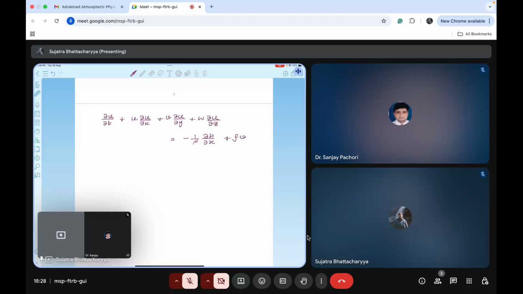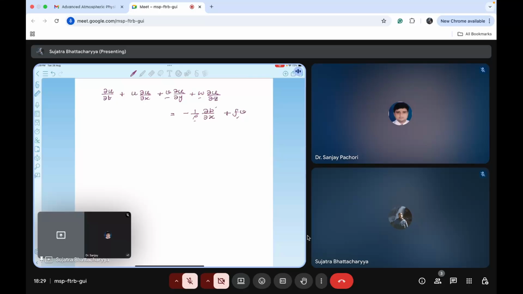This is the x direction, zonal momentum equation, where u is the zonal velocity, v is the meridional velocity, w is the vertical velocity, rho is the density, p is the pressure, and f is the Coriolis term.